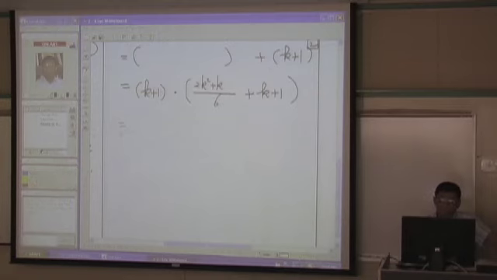Then k plus 1 is here. And then 6 is the common denominator. 2k squared plus k plus 6k plus 6.